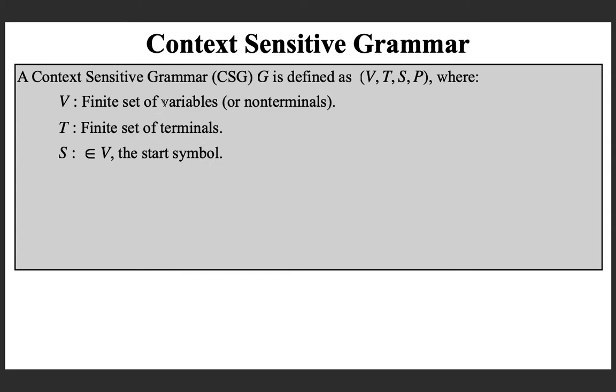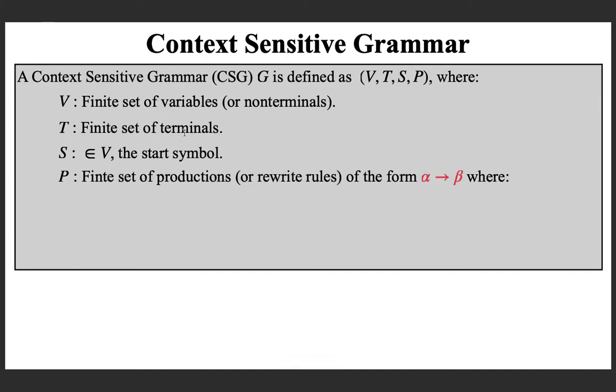These three are fixed for all classes of grammars. And finally here, P is the finite set of productions or rewrite rules. The only difference is in the structure of a rewrite rule. And what is it? It's of the form alpha going to beta. The LHS could be alpha and RHS can be beta.